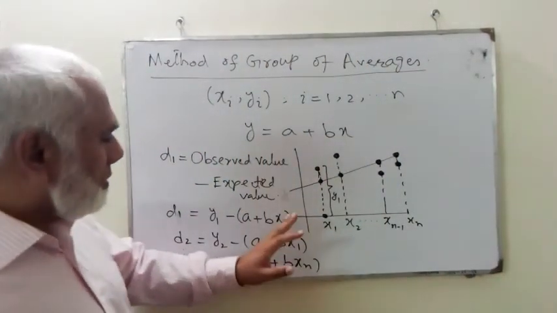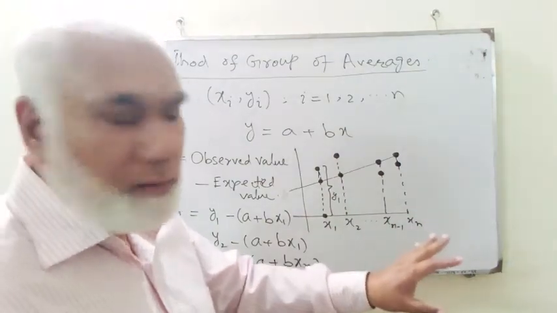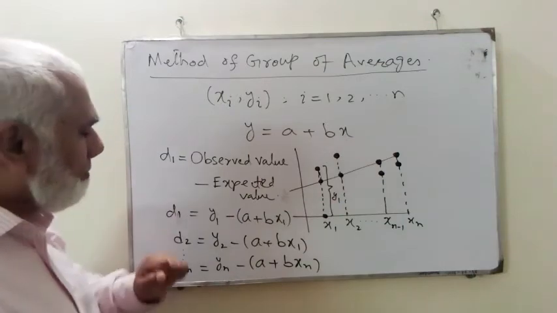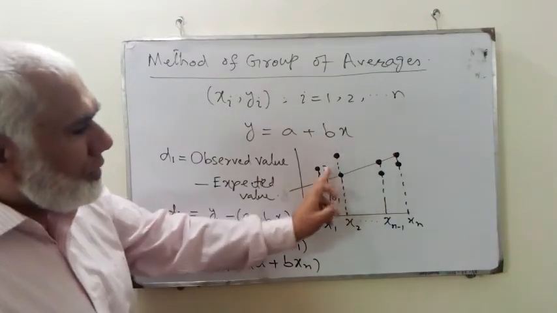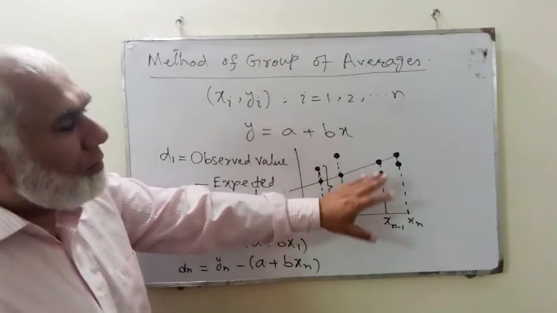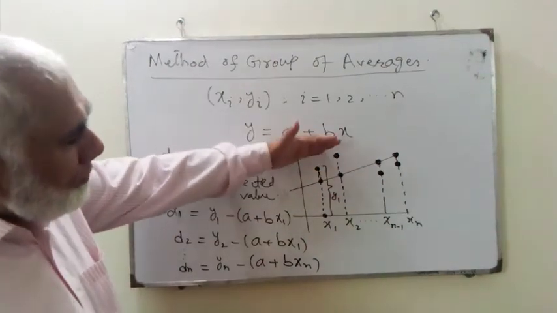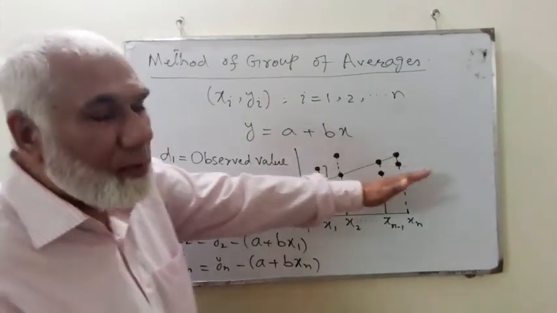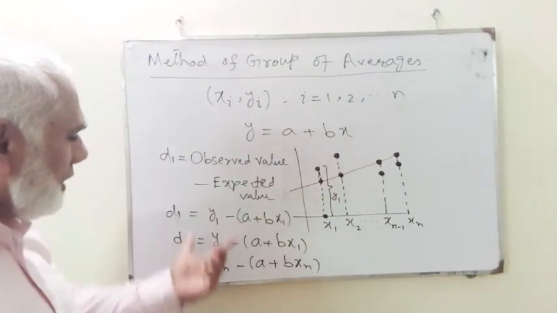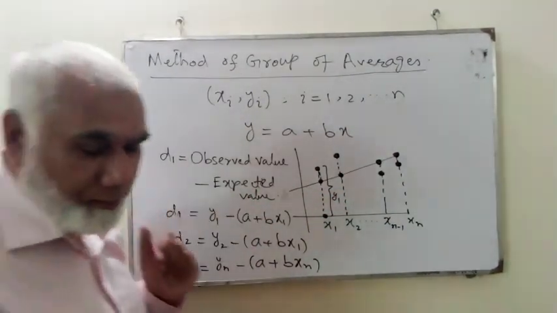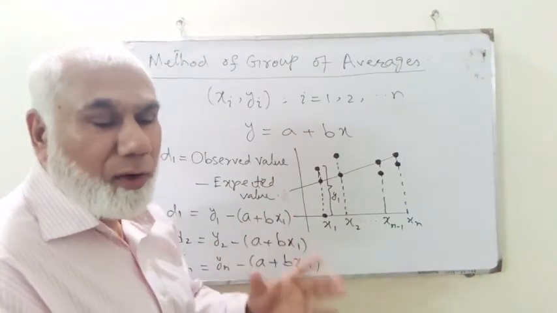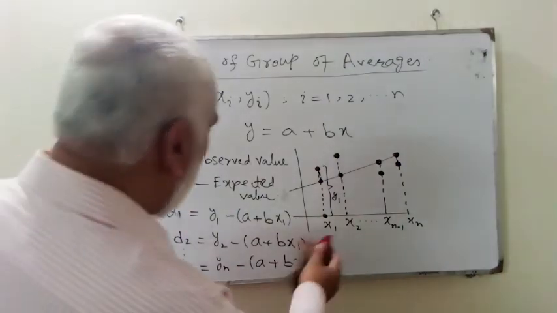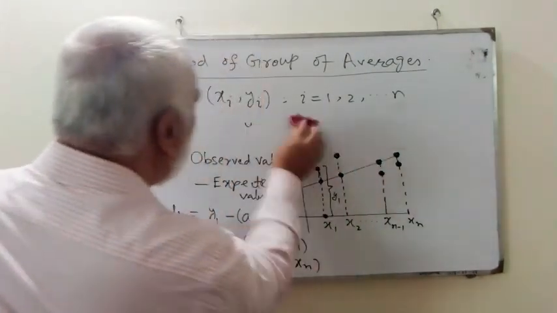Now, this method is basically based upon an assumption. Due to the reason that a few of the differences, as I told you, are positive and a few are negative, because a few of the observed points are above the straight line and a few of them are below the straight line, we have these quantities either positive or negative. But the method is based upon an assumption, and the assumption is, let me erase it from here and write the assumption.